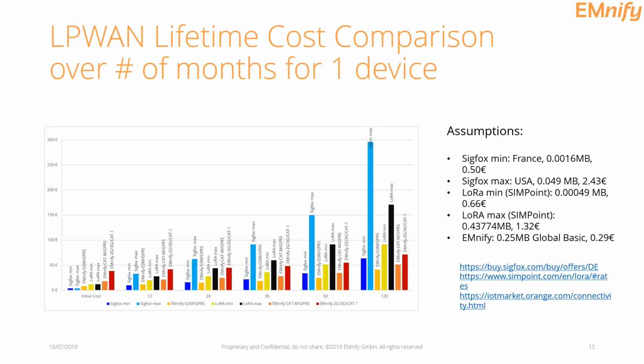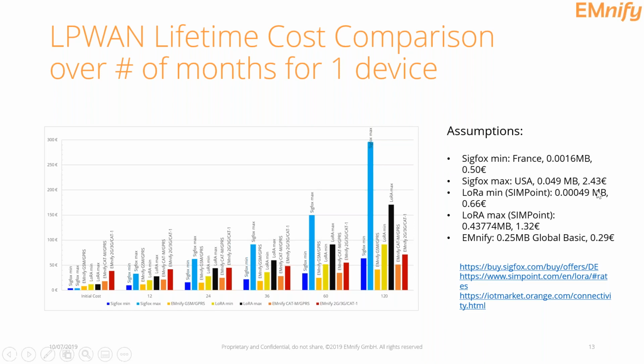Now, the device cost itself is not the only driver; there is also the lifetime cost comparison, so also considering the connectivity costs. On Sigfox, because it's a single operator, the prices are standard and openly available. For LoRa, it's a little more difficult because prices are not openly available; there are just too many offerings.